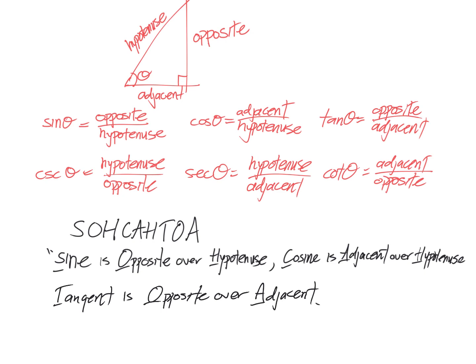And so here we have, count out the letters: S for sine, O for opposite, H for hypotenuse, C for cosine, A for adjacent, H for hypotenuse, T for tangent, O for opposite, A for adjacent, SOHCAHTOA.